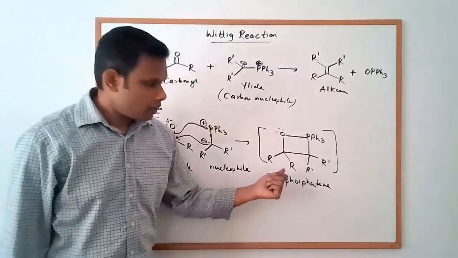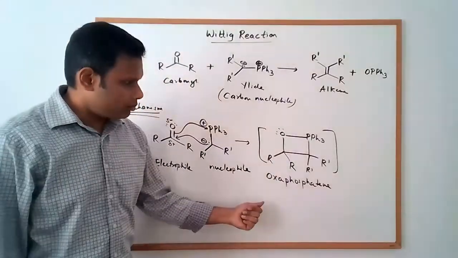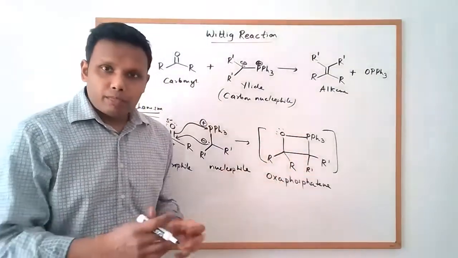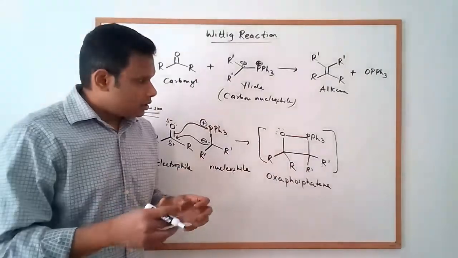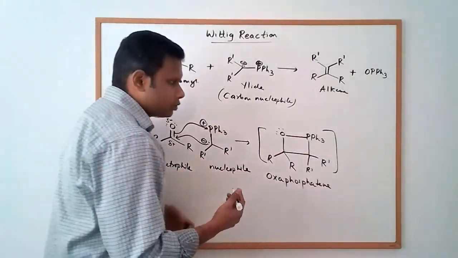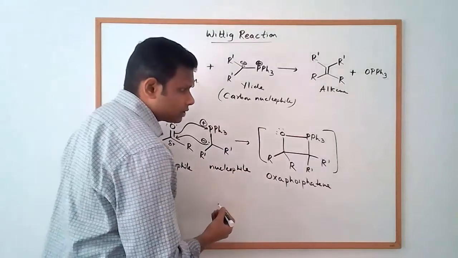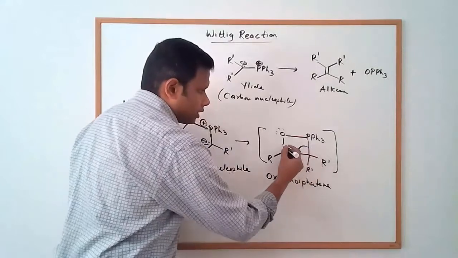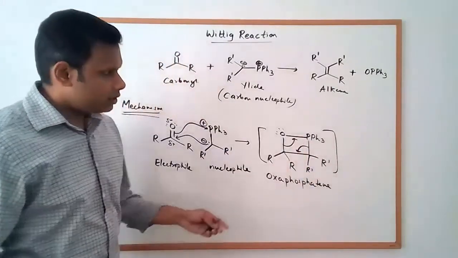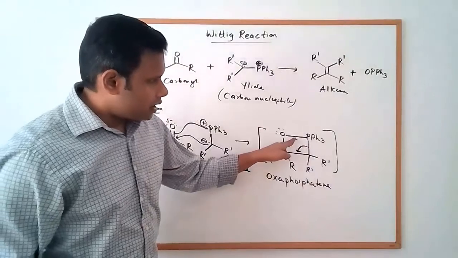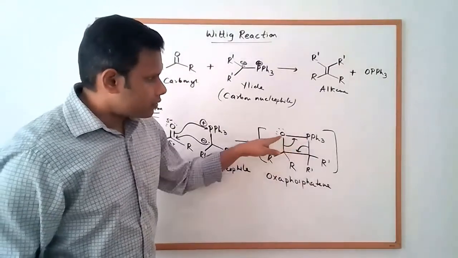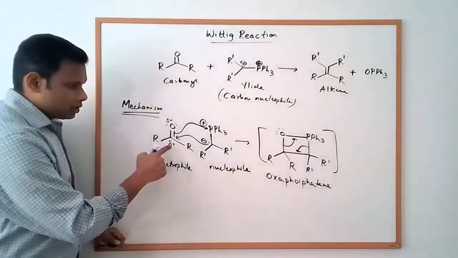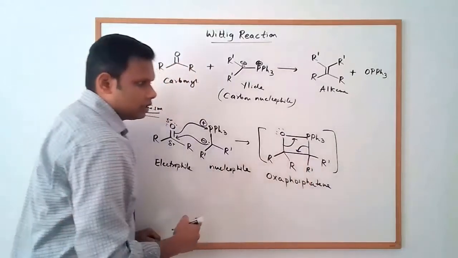intermediate. And once this intermediate is formed, this ring that's formed, the four-membered ring, breaks, okay? The ring opens up. Now, as it opens up, the double bonds form. So the electrons move in a cyclic fashion such that you land a double bond between the phosphorus and the oxygen atom, and a double bond between what was the carbonyl carbon and the ylid carbon.